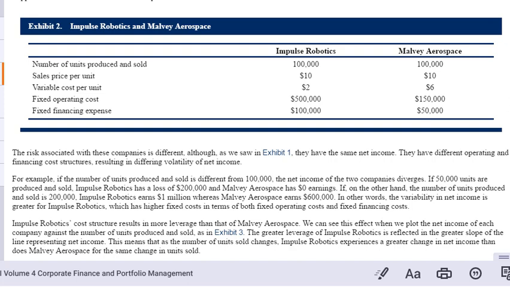What's our operating income and net income at 50,000 units? What's our operating income and net income at 200,000 units? At 100,000 units our net income was the same, but as we start to change, it diverges.